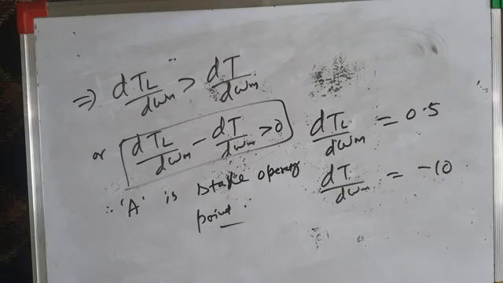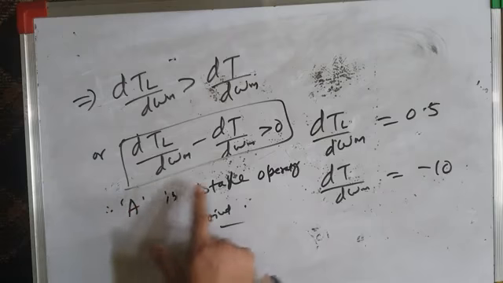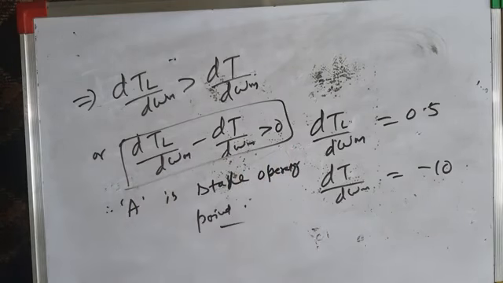So I hope I have been able to discuss and explain how we find the operating point of a drive, and how do we find whether that operating point is stable or unstable. Mathematically also we have proved that if this condition is fulfilled, then the operating point is stable. Otherwise it's unstable.